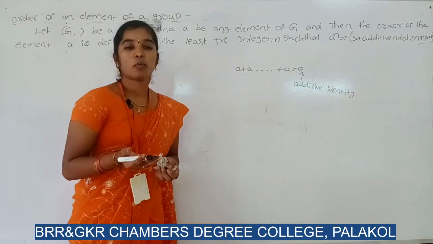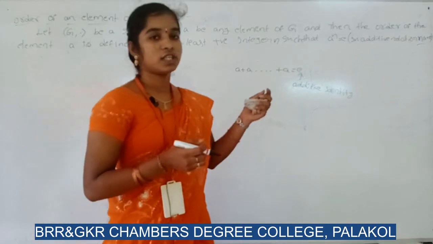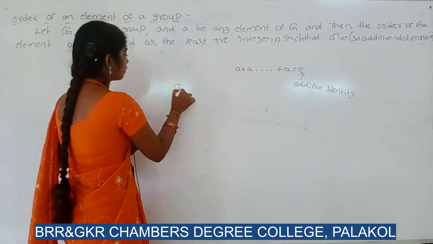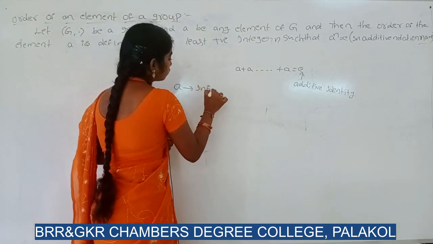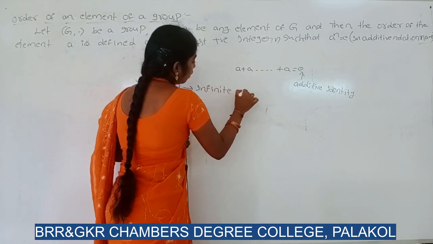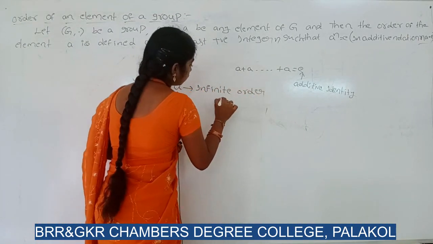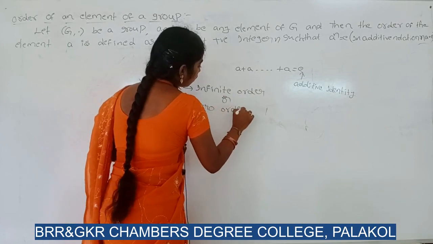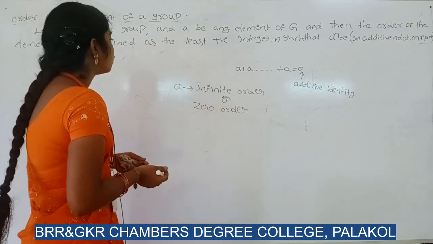If there exists no positive integer n such that A power n equal to E, we say that A is of infinite order or zero order.